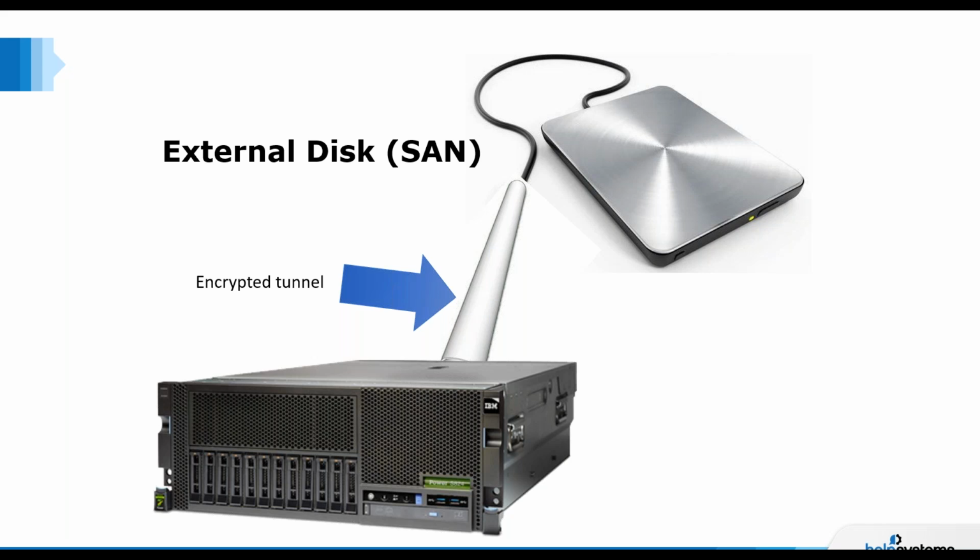So in the case of external disk, there is a benefit here, but it's not protection of the data from unauthorized reading. It is protection against somebody intercepting that flow of data and being able to process it, because if they receive the data from the disk controller, again, it's going to be unreadable.